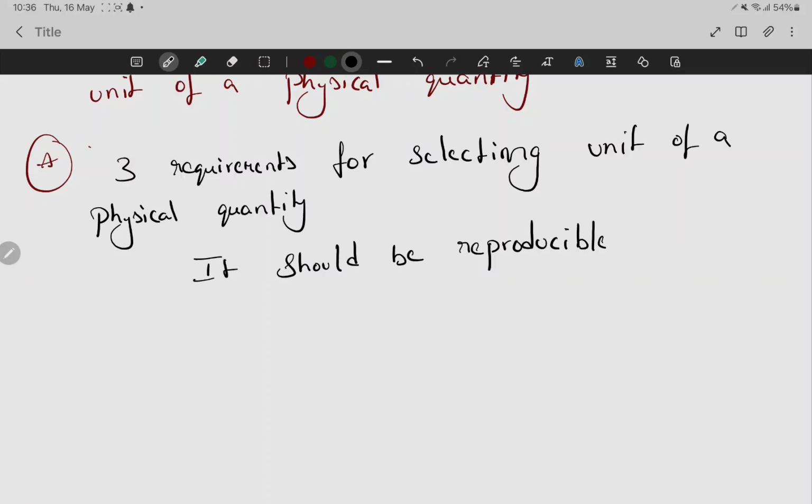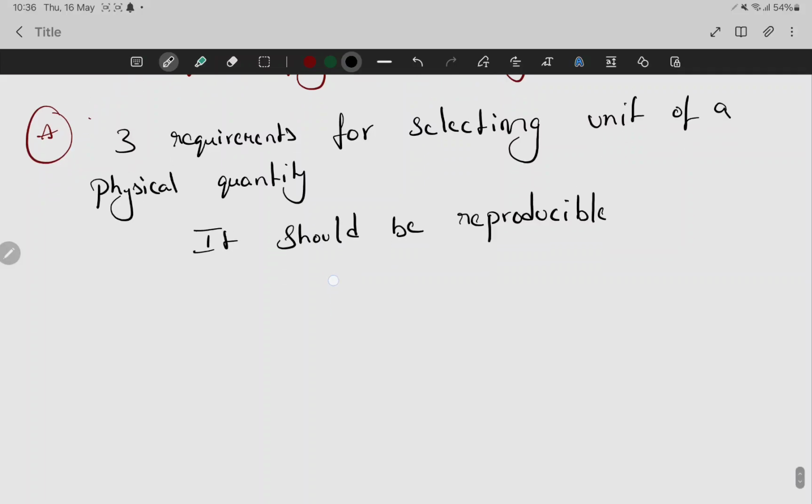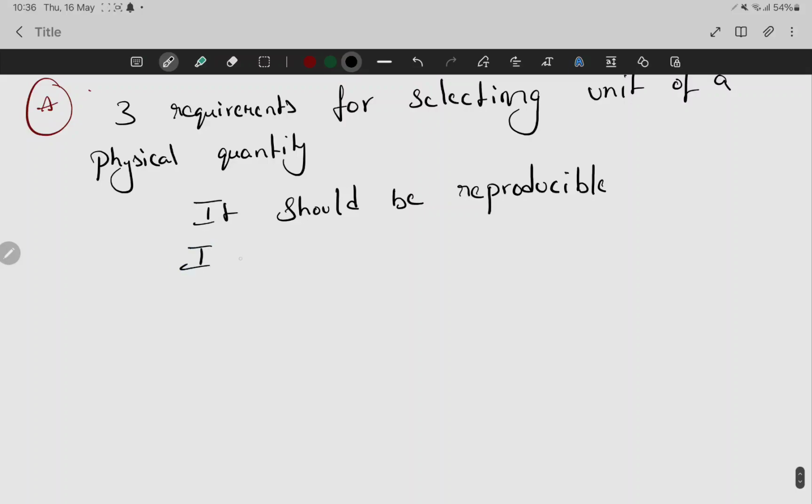You can reproduce the same magnitude with other physical quantities also. It is required to be convenient in size.